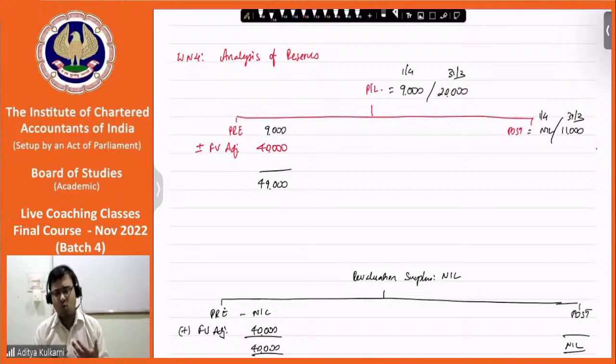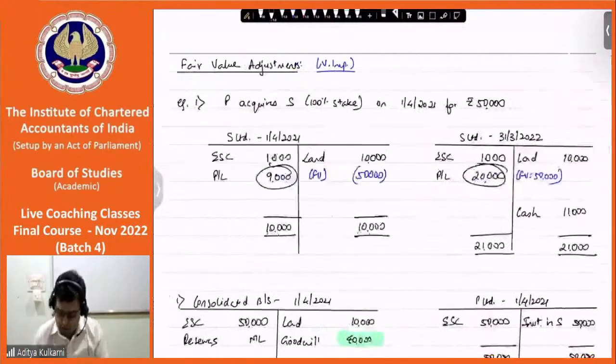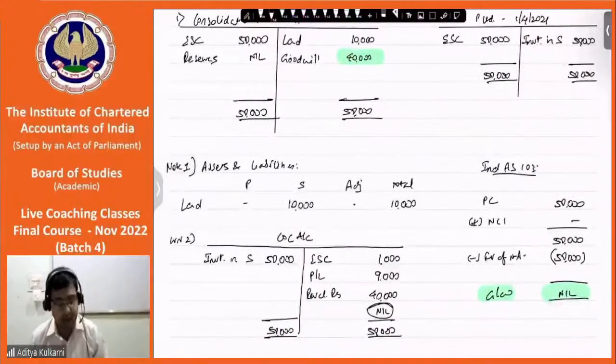Therefore, we will pass this adjustment in the pre-acquisition reserves, which are already appearing in the question. It doesn't matter which reserves they are. Ultimately, all pre-acquisition reserves go to your COC account, and the fair valuation will happen through the cost of control. So here now the goodwill is 0.